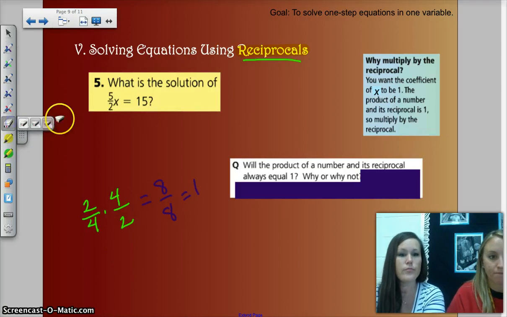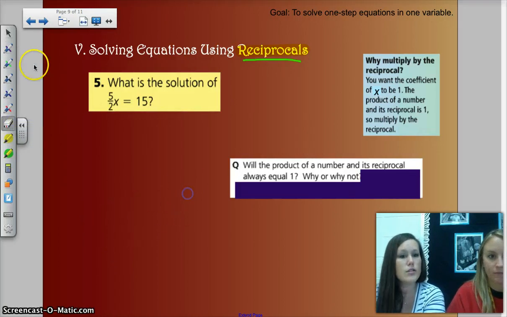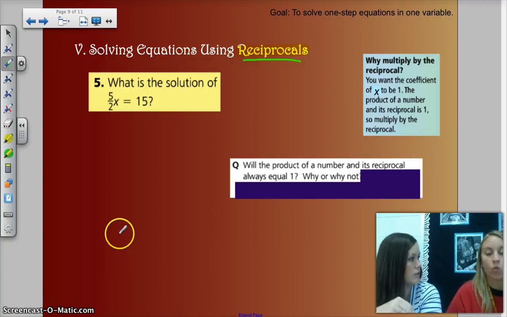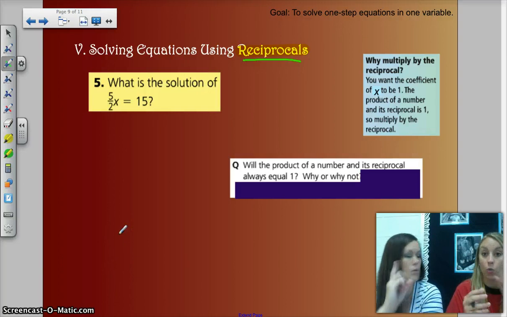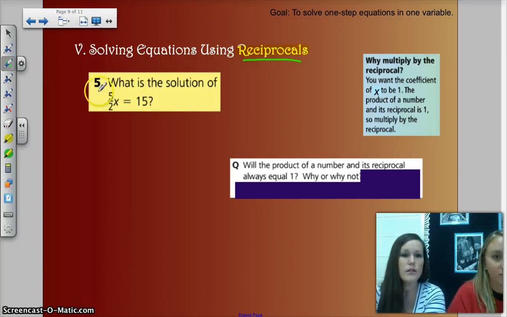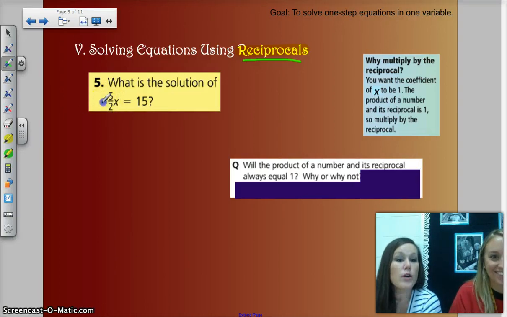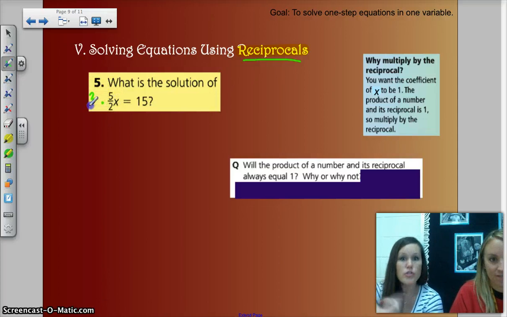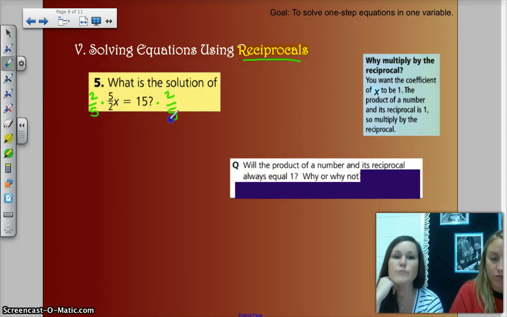That's why the reciprocal is so cool. Okay, so let's use reciprocals here. What is the solution of 5 over 2 x equals 15? Well, I have to get rid of that 5 over 2, because you're trying to get x down to 1x. So we're going to multiply by the reciprocal like we just showed you to get it to equal 1. What you do to one side, you have to do to the other.